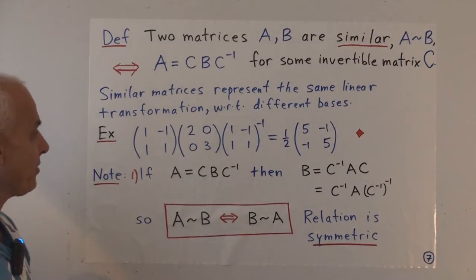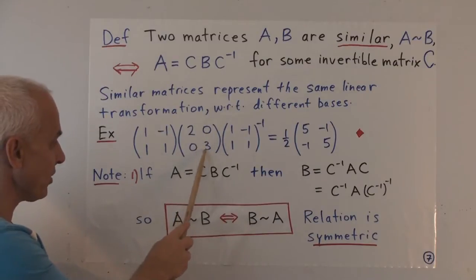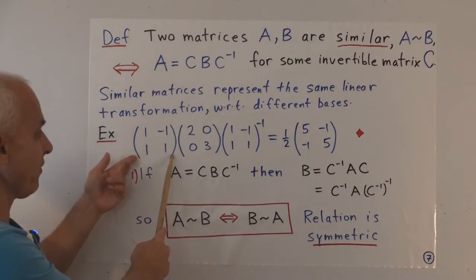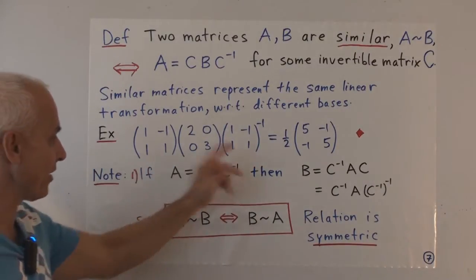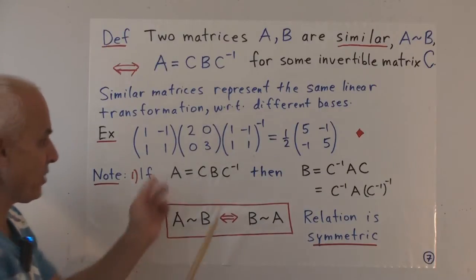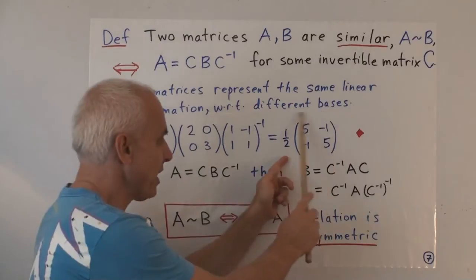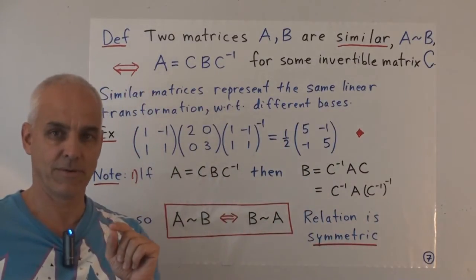So here's an example. If you take this diagonal matrix 2, 0, 0, 3, and you multiply by this matrix, which is invertible, I'll let you calculate what that inverse is and calculate the product, then you get this matrix. So that means that this matrix and this matrix are similar.